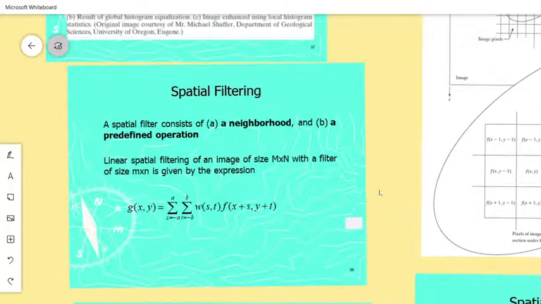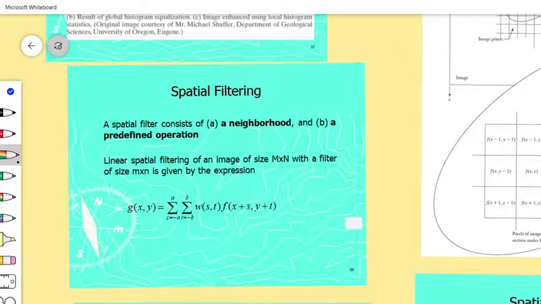So we have seen local histogram processing, and now we are seeing some filter operations. These filter operations are called spatial filtering. Here we are applying some filtering operations.